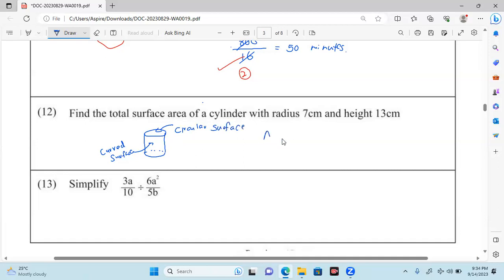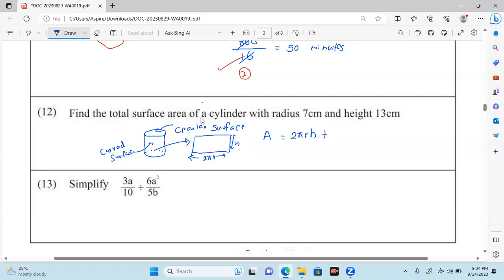Therefore, area equals to, we know that when we unfold the curved surface, it gives a rectangle like this. Then the length of this rectangle is what? It is 2 pi r. It is the circumference of this circle. Then if we take the height as h, the area of the curved surface equals 2 pi r h.